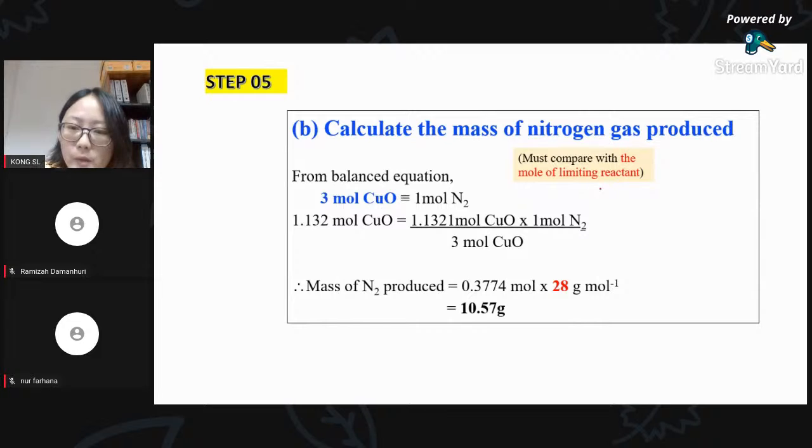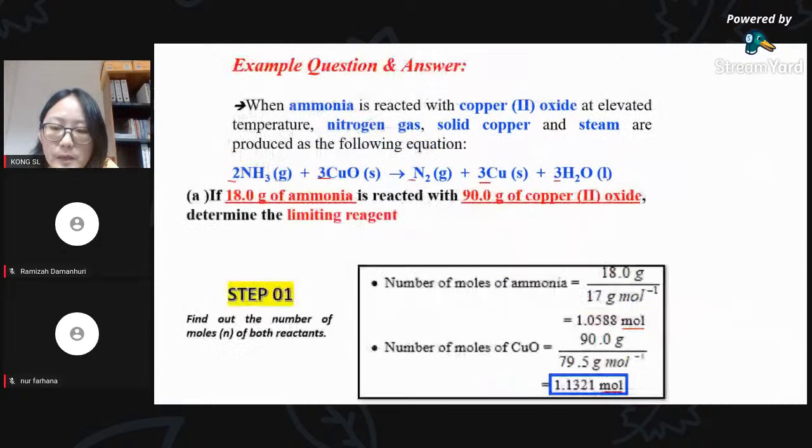You must compare with the moles of limiting reactant. So, which one is the moles of limiting reactant? Just now we successfully found out, yes, this is the moles of the limiting reactant because the limiting reactant is copper oxide. So we need to compare with 1.1321 mole of copper oxide for the rest of the step 5 questions. Clear?